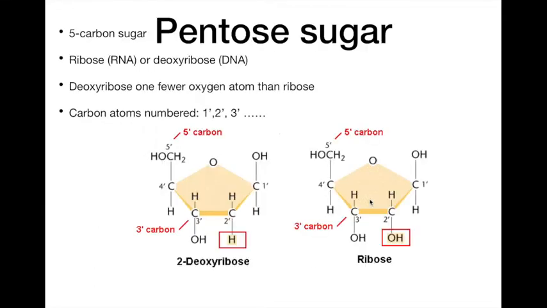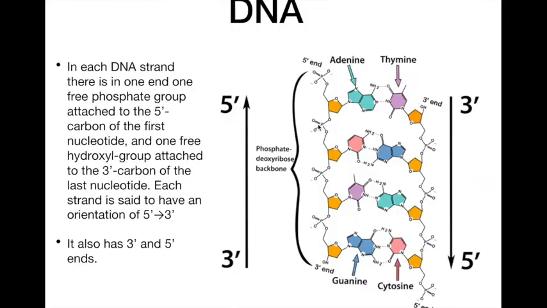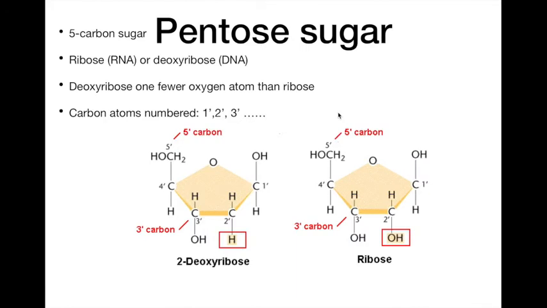Now, the carbon atoms here must be numbered as well. If we say carbon 1, carbon 2, carbon 3, 4, and 5, we can separate them by these carbon atoms. So if I tell you C3, for instance, which one? These three or this one? You wouldn't know. That's why we put this little accent.